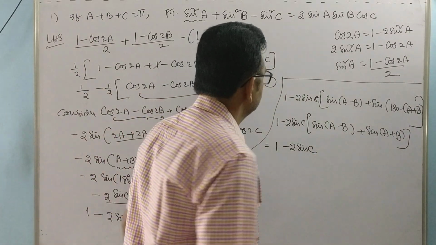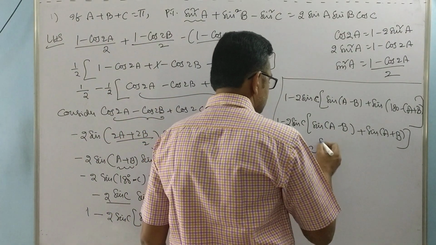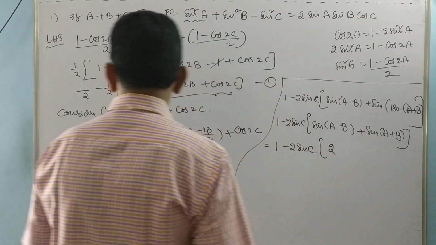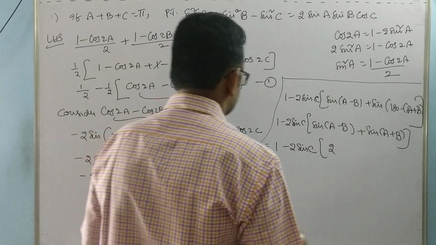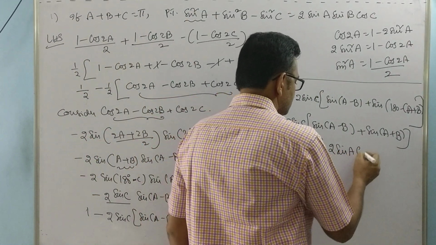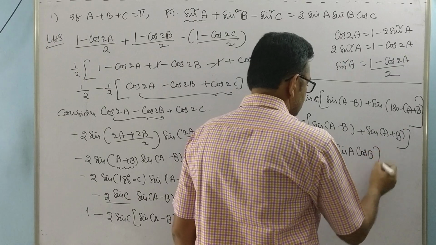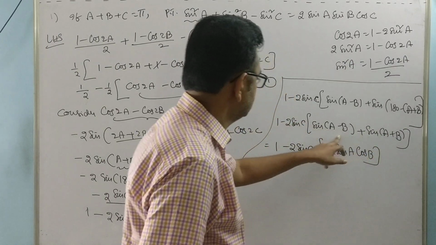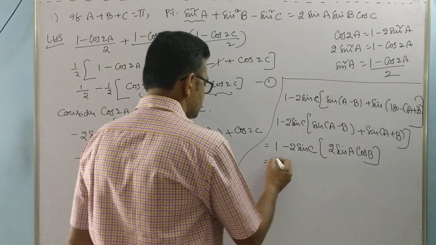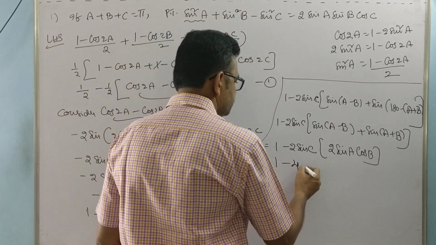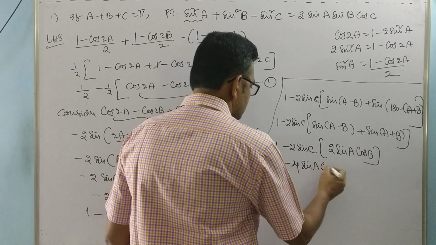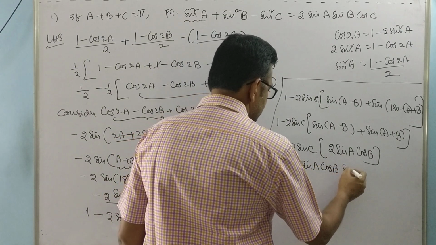Sin of a plus b plus sin of a minus b is equal to 2 sin a cos b. So this is equal to 1 minus 4 sin a cos b sin c.